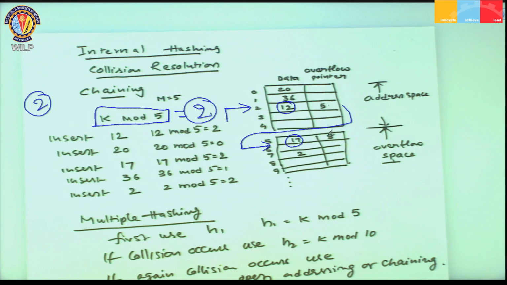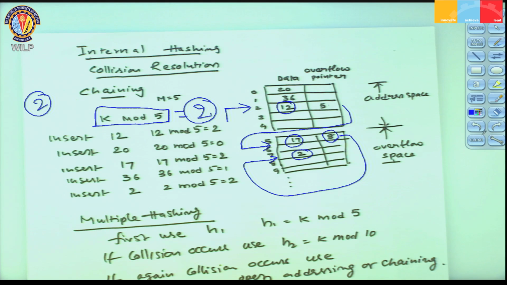Since there is one more indirection, I pick up that pointer and go to the location pointed to by it. Here in this location I find a record with key value 2. That is, since there was a collision, I am using two levels of indirection to get the actual record with the given key value.